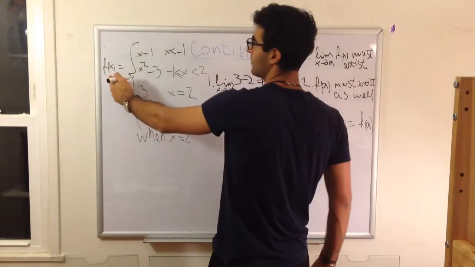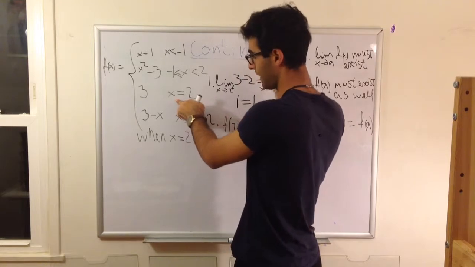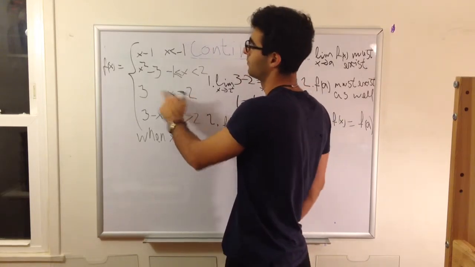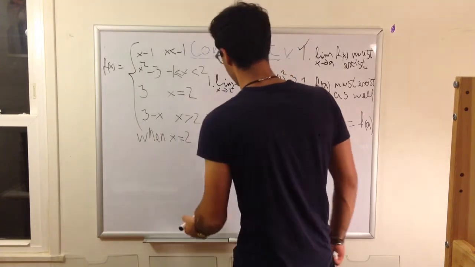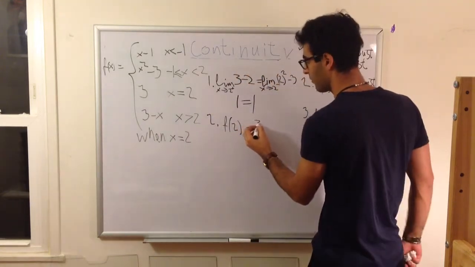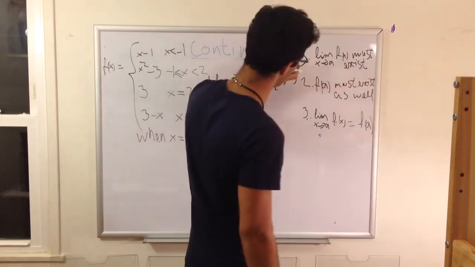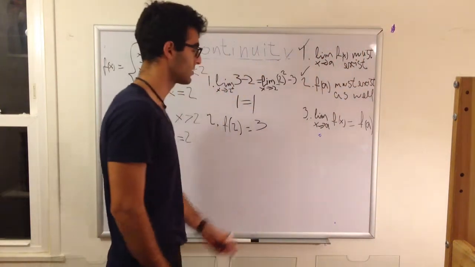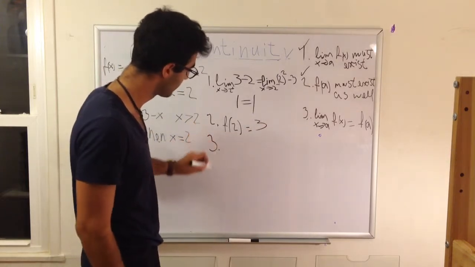So f of x at x equals 2: exactly at x equals 2, we have a 3. This is our y value. So we write f of 2 equals 3. That's all, and we can put a checkpoint. It exists. Perfect. Left with the third condition.